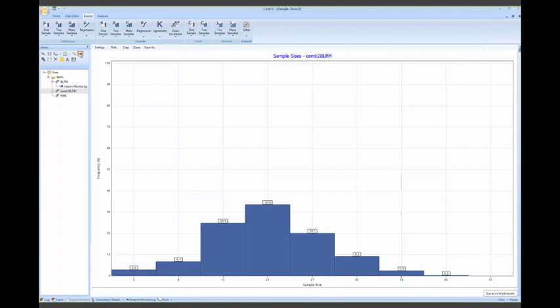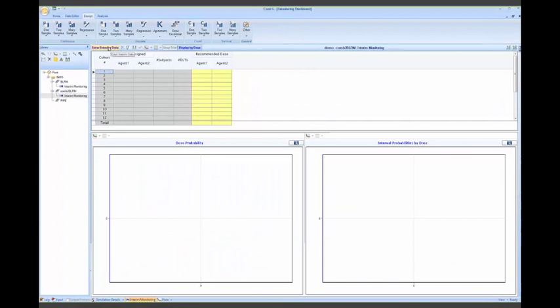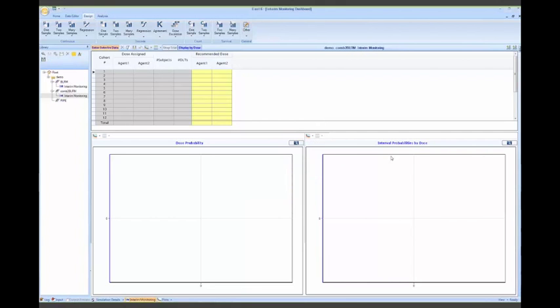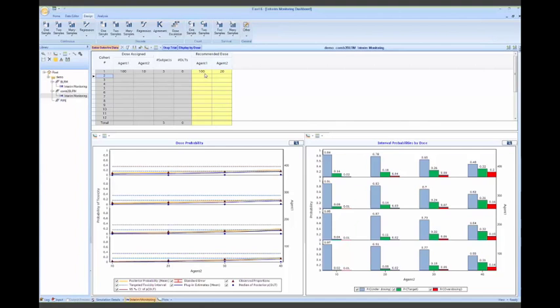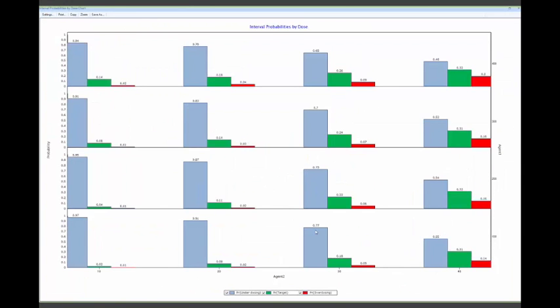And when you're actually running the trial, you will get to see also these interval probabilities by dose. So if I begin my situation here at the lowest dose combination level, 100 for agent 1 and 10 for agent 2, and if I have no toxicities out of 3, and I click on OK, then the software will propose the next dose level, which if I maximize this display here, you will see that it is going to be based on, again, constraining the probability of overdosing below 25%.